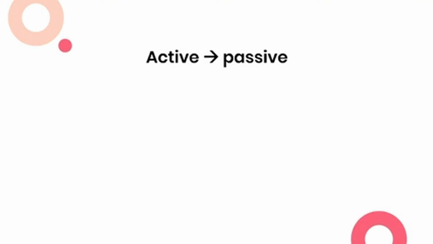Great. Next we have Zara has cut the cake. In the active form, we've got our subject, Zara, our verb in present perfect tense, has cut, and our object, the cake. Let's have a look at how the verb changes in present perfect tense in the passive form. Now, we need an object, a verb, and a subject.